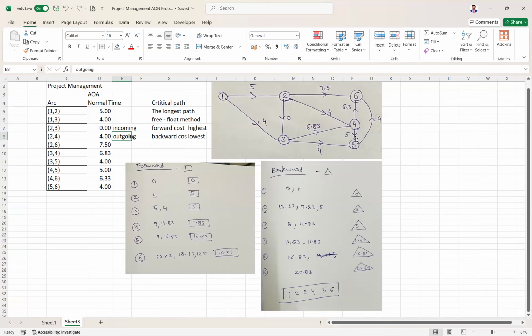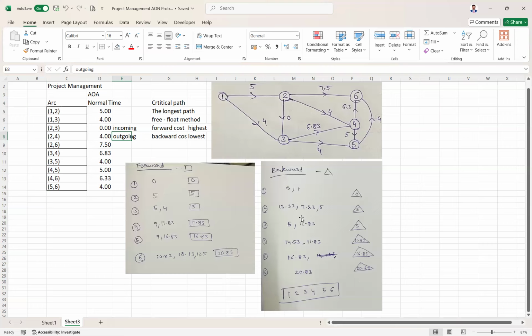Two, 4, 5 and 4, 6. From 6, it is 20.83 minus 6.3, which is 14.53. From 5, the backward cost is 16.83 minus 5, which is 11.83. Now, if two values come here, in forward we have taken the maximum value. In backward, we take the minimum value, which is 11.83.